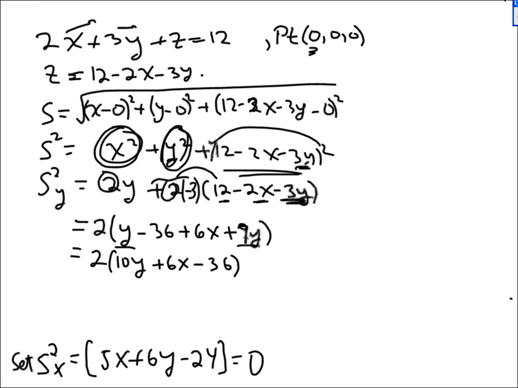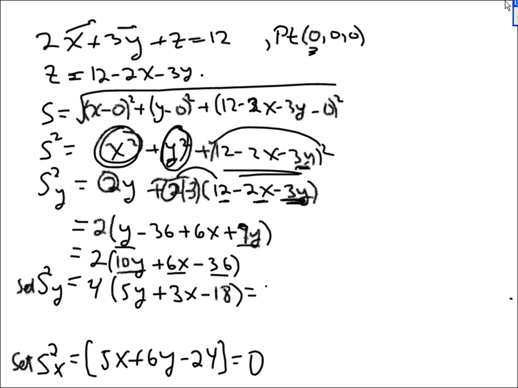And I say, oh, I can factor out another number. I can factor out a 2 again. When I factor out the 2, I get 5y plus 3x minus 18. And this here is s squared y, and I want to set it equal to 0.